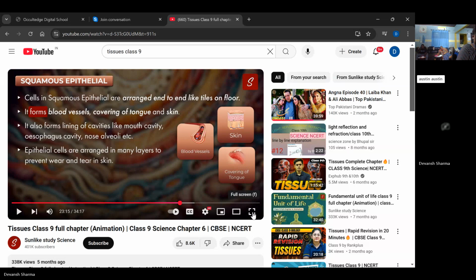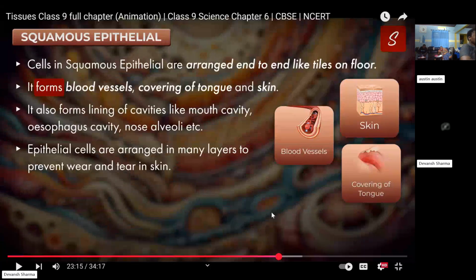Alveoli. Where is the location of alveoli in our body? It is in the lungs. What is the function of alveoli? It helps in the exchange of gases.